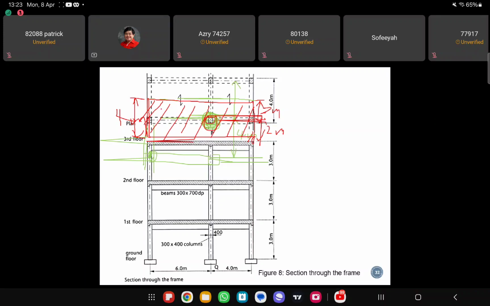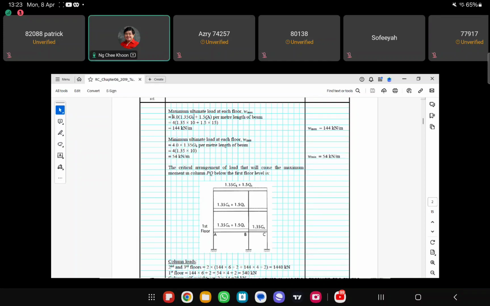But normally the load will be transferred to the beam first, and then the beam will transfer the load to the column. So that's why we have the 4 there, and that is per meter length of beam. We only multiply the load by the width to get the load per meter length on the beam. I hope you understand what is going on here.